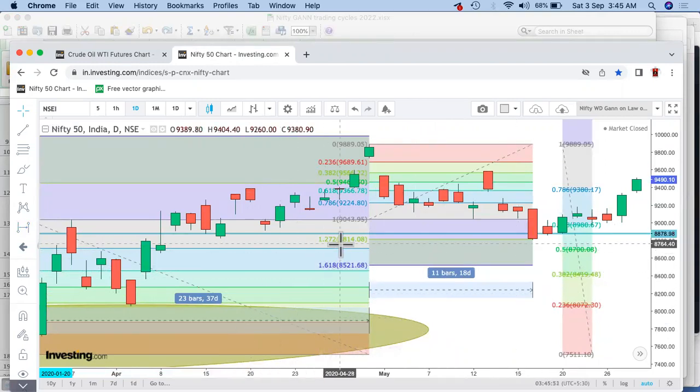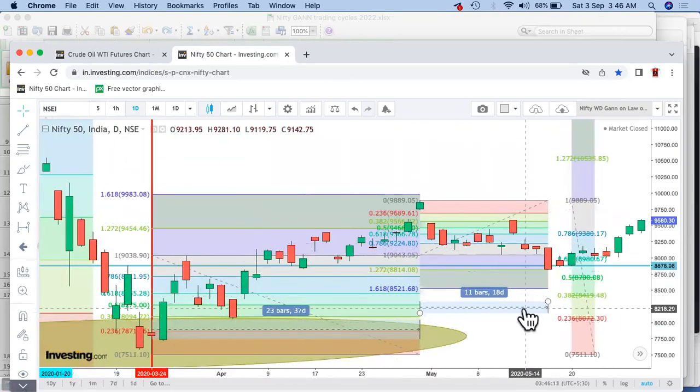Within 1 day plus or minus is okay. 37 days, 18 days, probably a holiday, something like that, we can just consider. But yes, we are getting a near probability, not 100% probability, but a near probability that this is happening within a specific range, right?